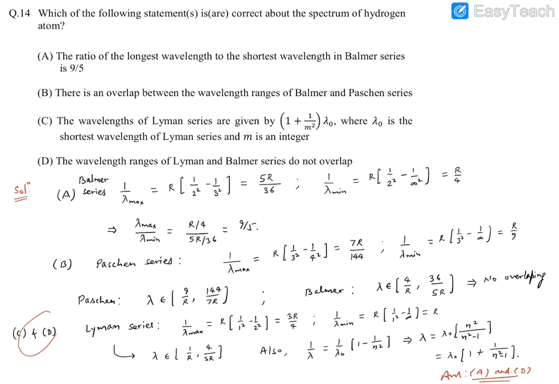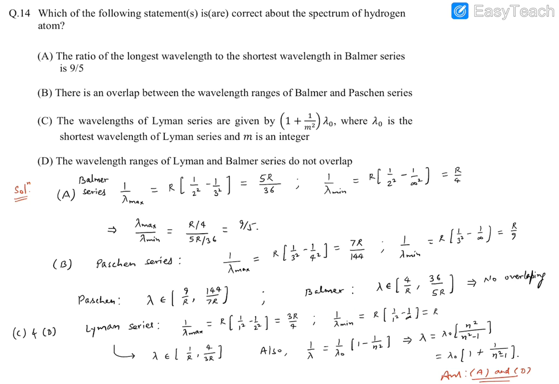Then C and D together both talk about the Lyman series. For the Lyman series, again you can find the max and min of 1 upon wavelength. Lambda max is going to be from 2 to 1, and lambda min is going to be from infinity to 1.